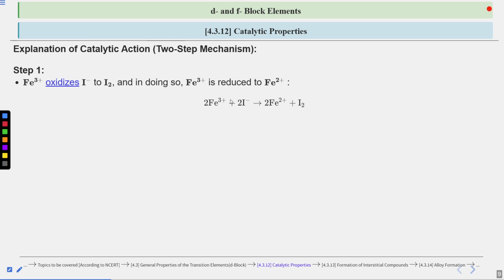So two iron 3+ ions, when they react with two iodide ions, the iron 3+ ions convert to iron 2+ ions, and the iodide ions oxidize to the iodine molecule.